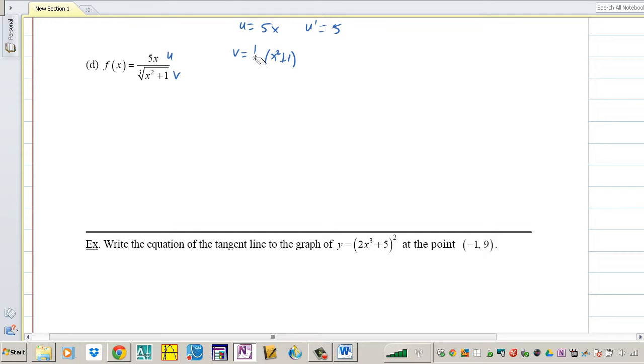Oh no, messed up. Wrote it the other way around. So that means v prime is 1/3 x squared plus 1 to the negative 2/3, and then chain rule 2x. This is going to be so painful.